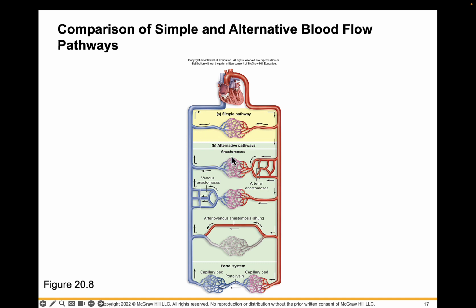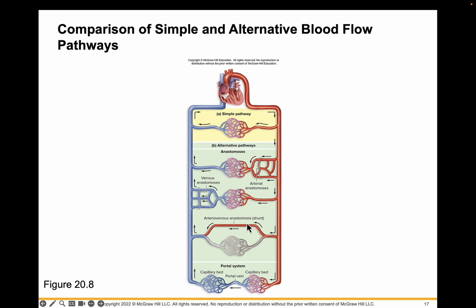The first is an arterial anastomosis, and look what we've got going on here. So we basically have multiple ways to get to the same capillary bed, but only one way to actually leave the capillary bed. When we look at a venous anastomosis, it's going to be the opposite. I have one way to get into the capillary bed, but then I'm going to have these branches that allow me to get back into venous circulation.